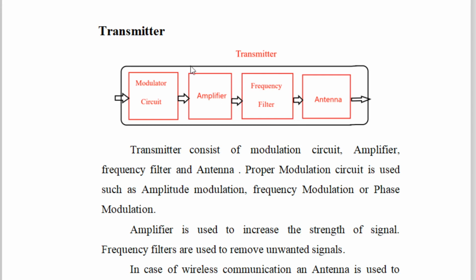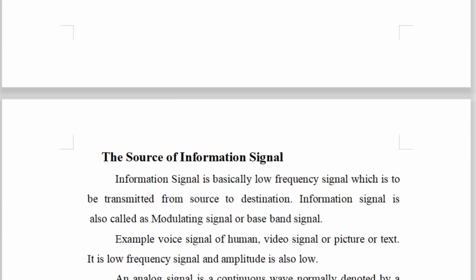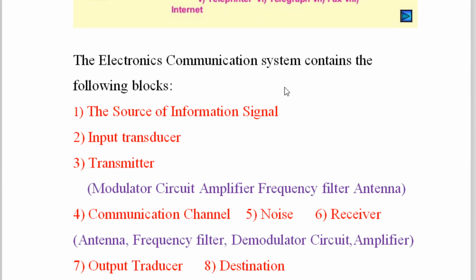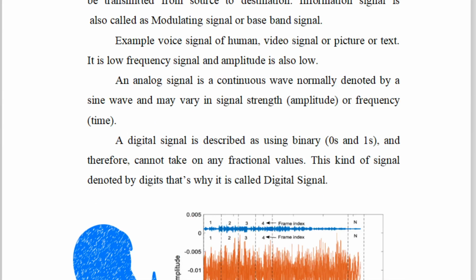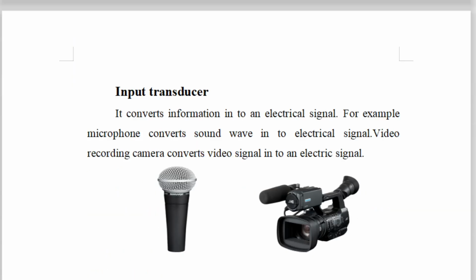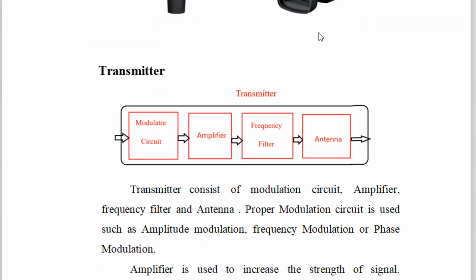So here, first of all, the output of the second block. What is our second block? Just we studied the second block, that is your input transducer. So from transducer, what is the output? Electrical signal. So that will come to the transmitter. So in the first block of the transmitter, there is one circuit which is called modulation circuit or modulator circuit.